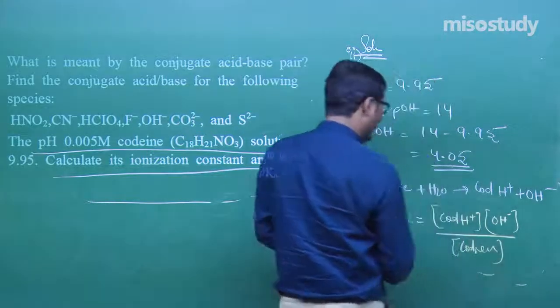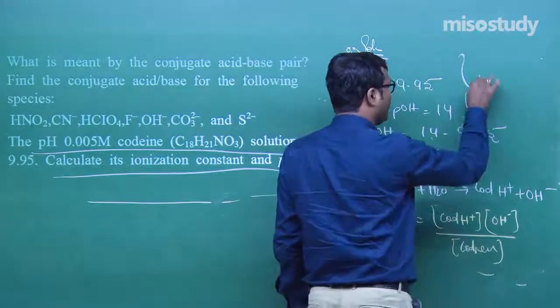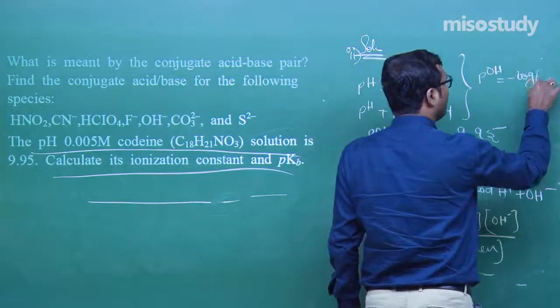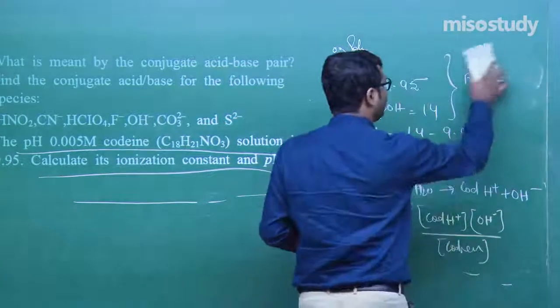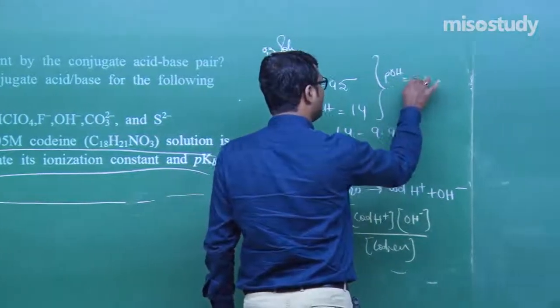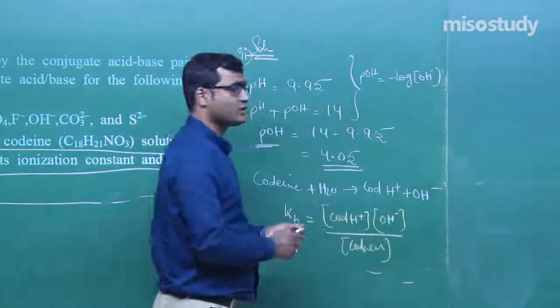Clear? Now, what is OH minus here? That is given here, pOH. As we know, pOH is equal to minus log [OH minus] ion concentration.